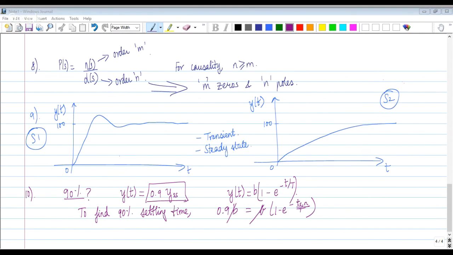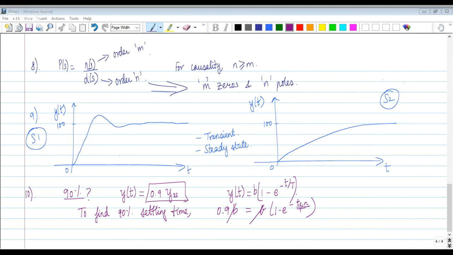So are there any more questions? Based on the ROC in S-plane, is it possible to know causality? What is this region of convergence in S-plane? For a causal system, the region of convergence is on the right side of the S-plane.